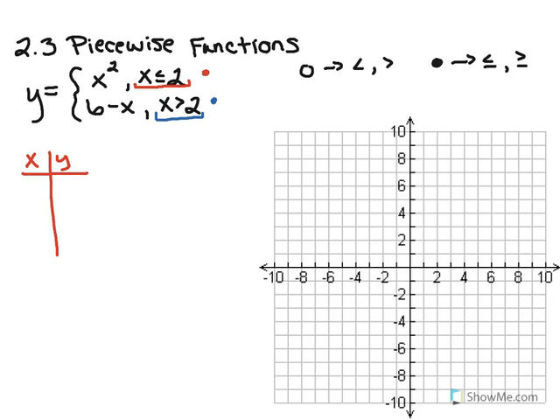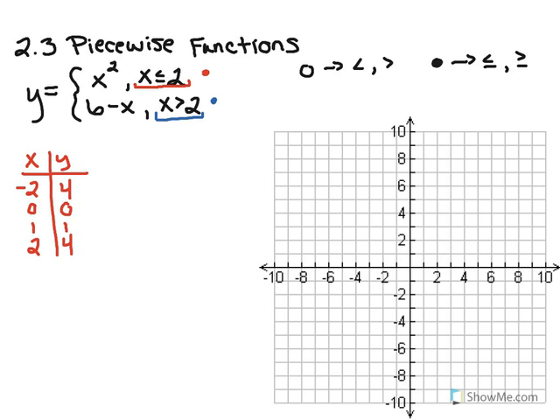I can pick -2, 0, 1, and most importantly, to include the number that this domain goes up to, which is 2. So I'm going to plug each of these values in. -2 squared is 4, 0 squared is 0, 1 squared is 1, and 2 squared is 4.